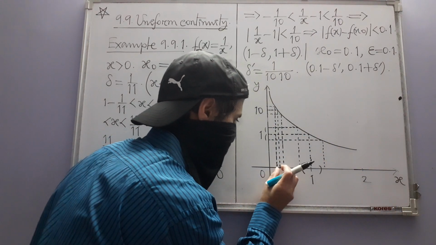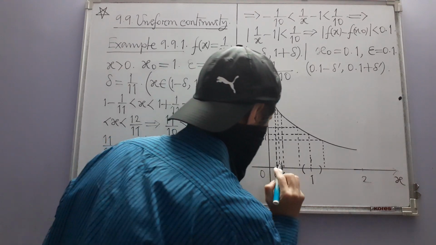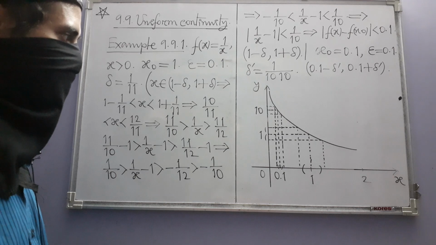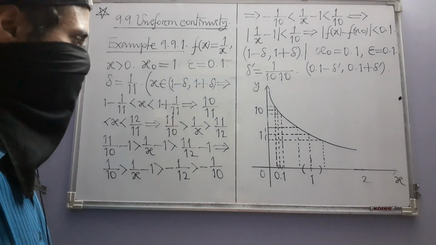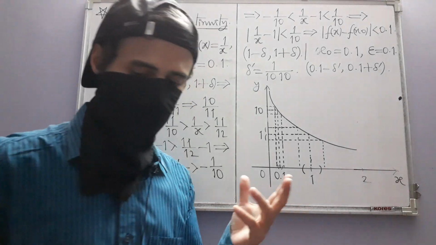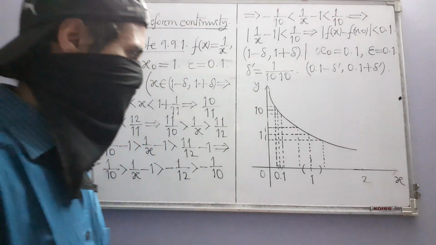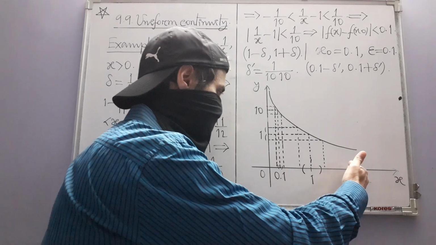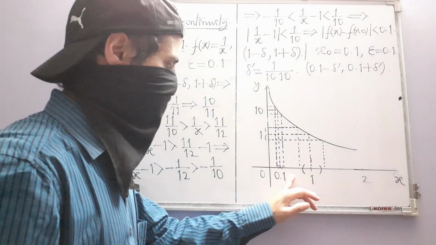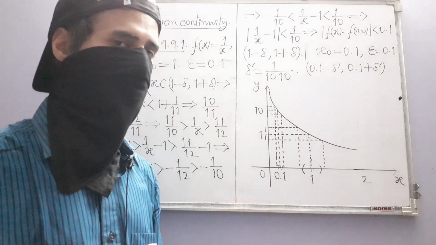Now your x needs to be in this region, so naturally your island of stability should also be correspondingly small, and this has happened here. So what is happening here is that as we are nearing 0, continuity is getting worse.